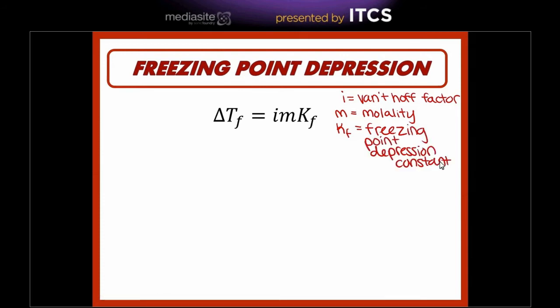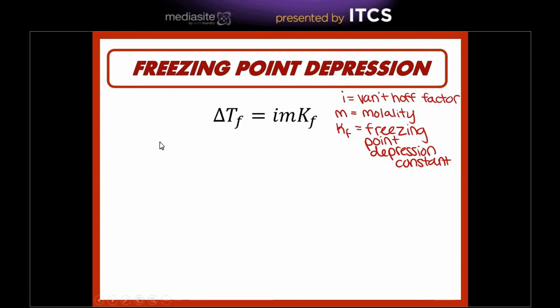So if we take a look at these variables, we can see that i is dependent on whether the solute is an electrolyte or a non-electrolyte. m is showing that concentration directly relates to the change in freezing point, and Kf shows that the solvent in which the solute is dissolved is important in determining the final freezing point of the solution.